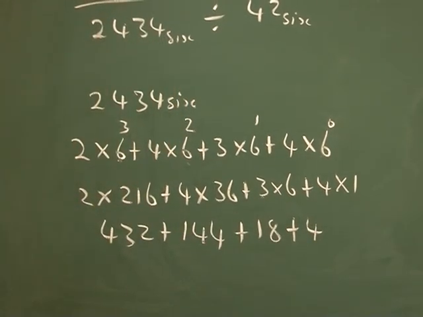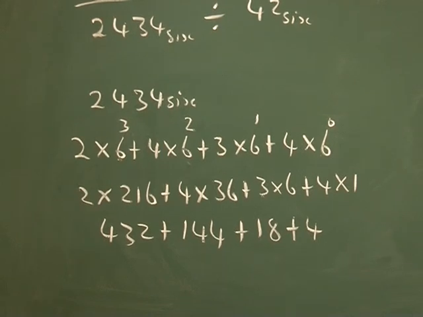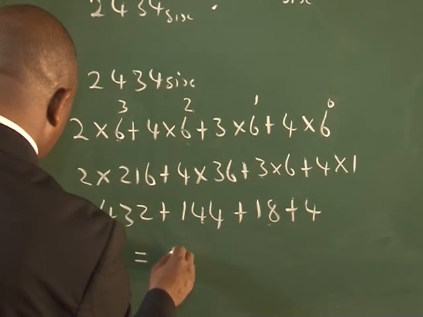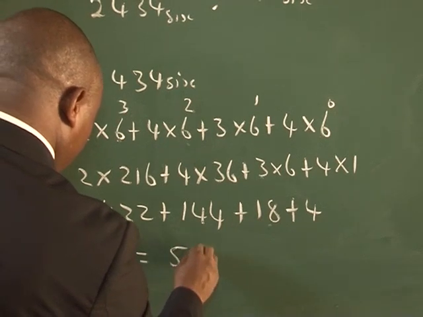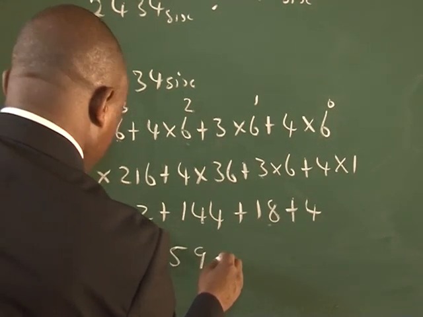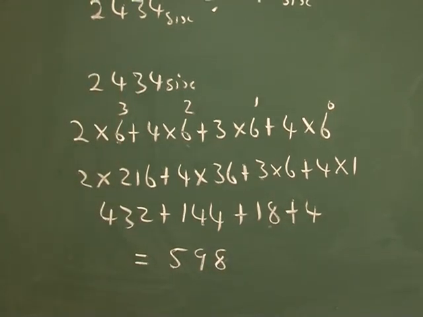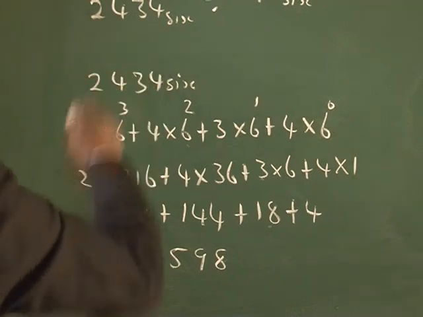So 432 plus 144 plus 18 plus 4 gives us 598. That is for this.